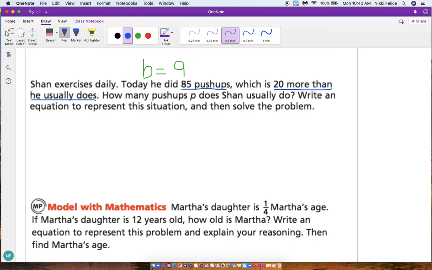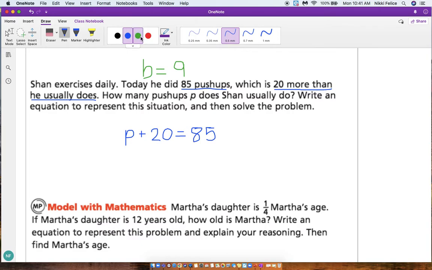So usually Shan does P push-ups, but today he did 20 more than that. So he did P plus 20, and that was a total of 85 push-ups. So our equation would be P plus 20 equals 85.